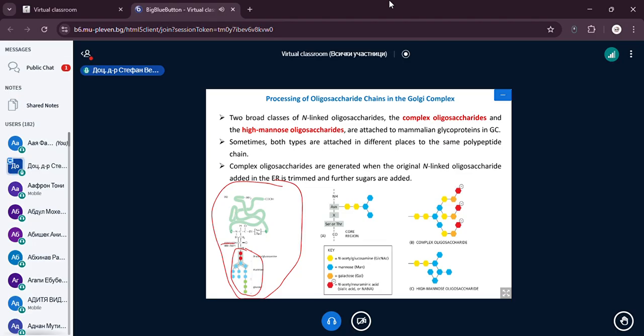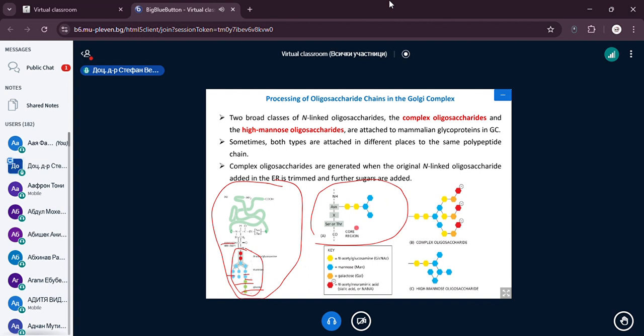And then in the Golgi cisterns with glycosidases, some of these sugars are trimmed, and you see what happens with this oligosaccharide. Most of the sugar residues have been removed, and now we have a very short oligosaccharide.